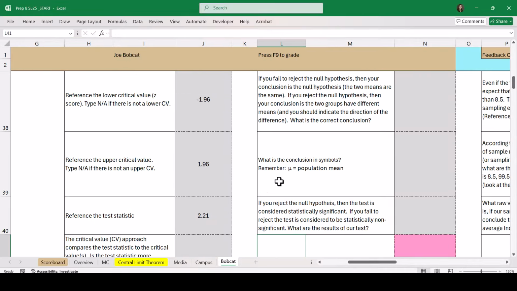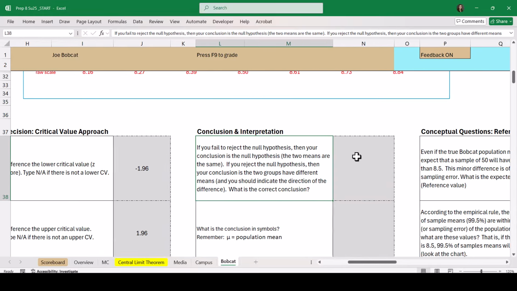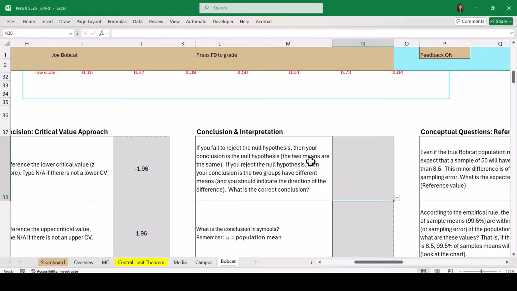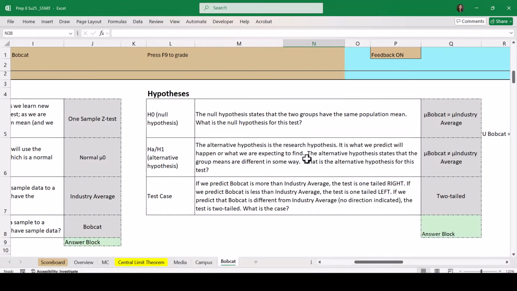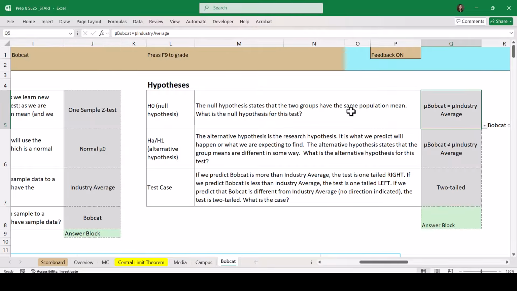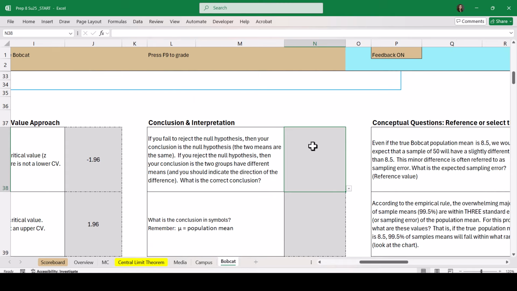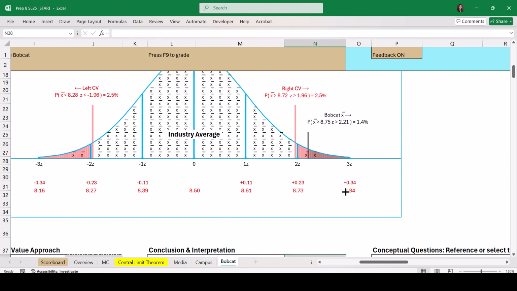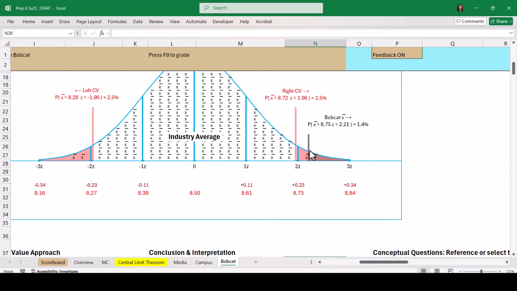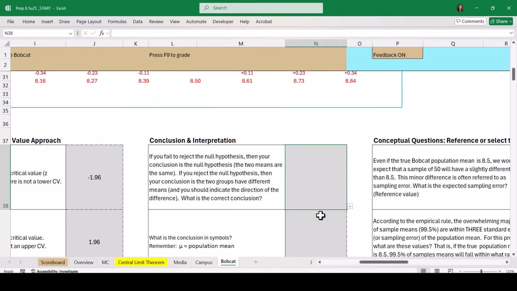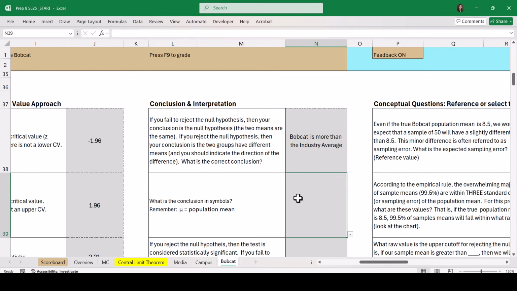All right, so what does this mean in everyday language? Whenever you reject the null hypothesis, that means you found a difference, right? The null hypothesis is that the means are equal. So if you were rejecting that, that means you found a difference between your two groups. So what kind of difference did we find? Well, we found that Bobcat is greater than the industry average. So we found data that indicates Bobcat is significantly greater or more than the industry average.